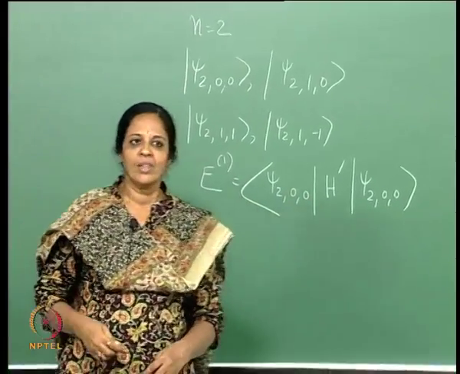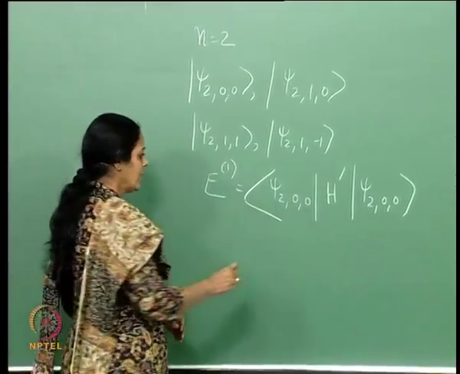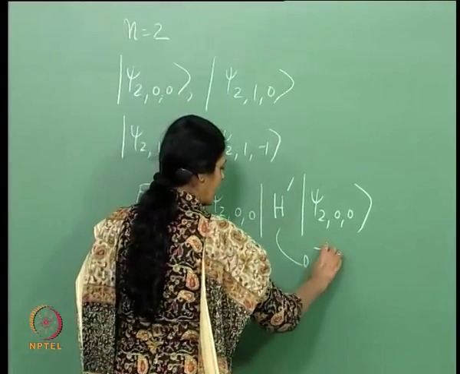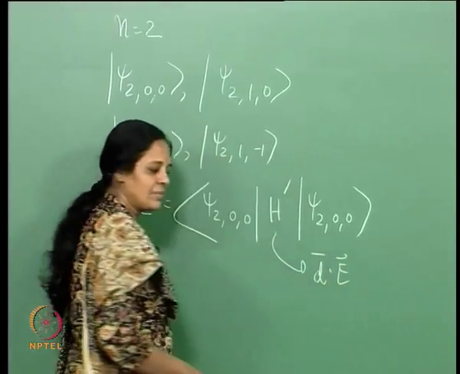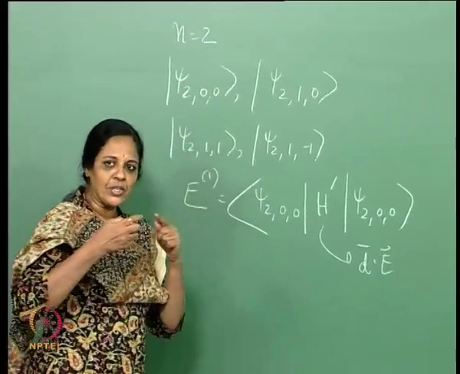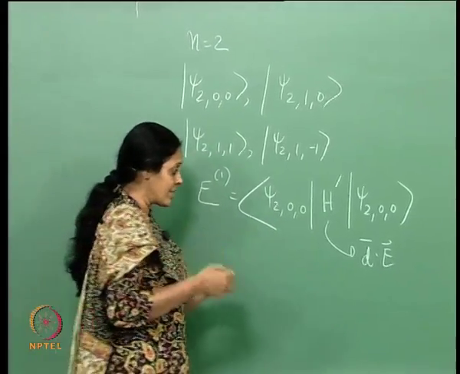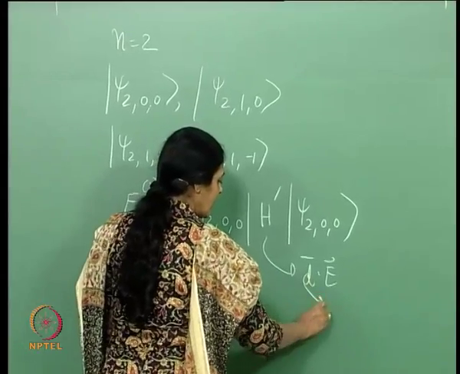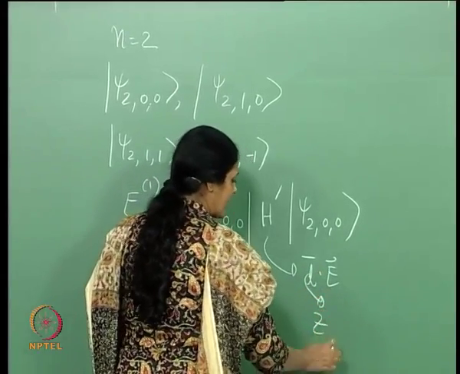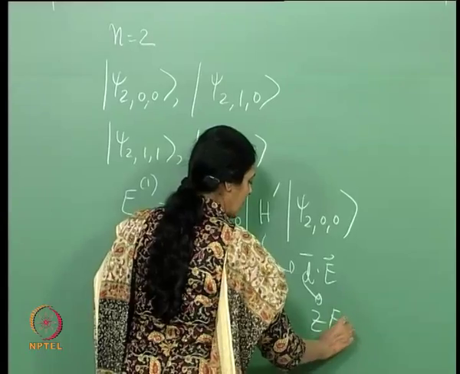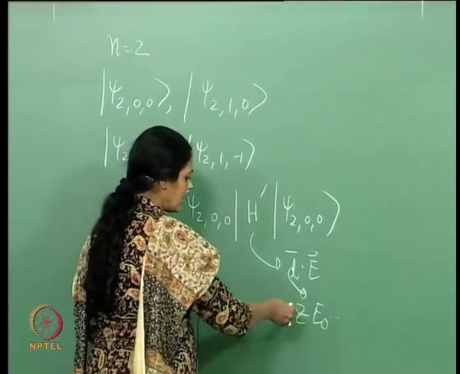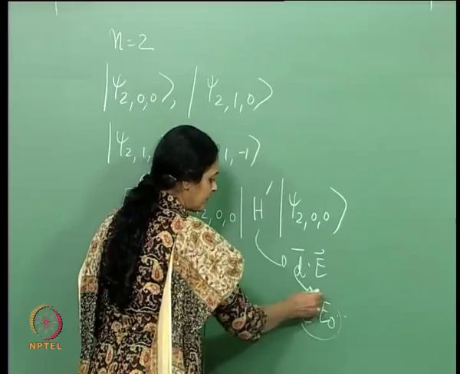Now, H prime is essentially of the form d dot E, and we have selected the electric field to be along the z axis. So really this gives me a z, and that is some E naught. Look at this.